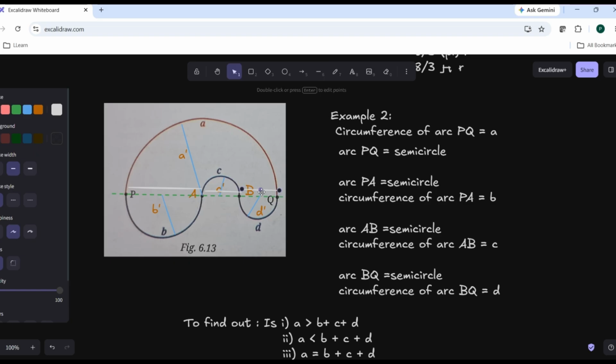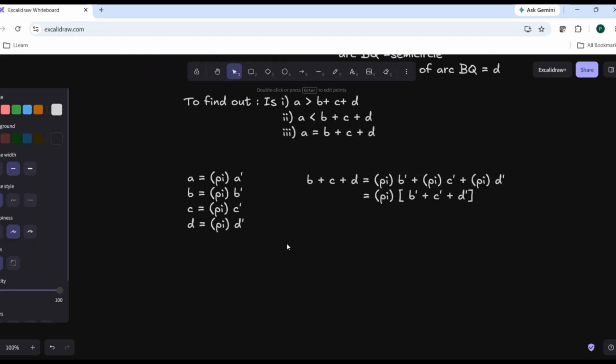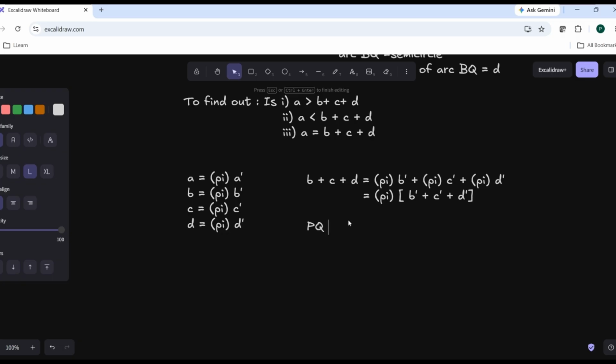So that entire length PQ is twice of B dash plus twice of C dash plus twice of D dash. And what is this entire length PQ? This radius is the bigger one, radius is A dash, right? So this is the semicircle's diameter. This will be twice of A dash. So we can write PQ is equal to twice of B dash plus twice of C dash plus twice of D dash is equal to twice of A dash.